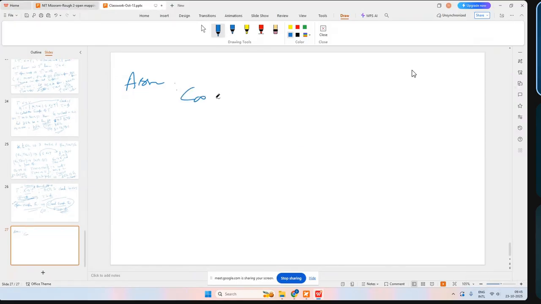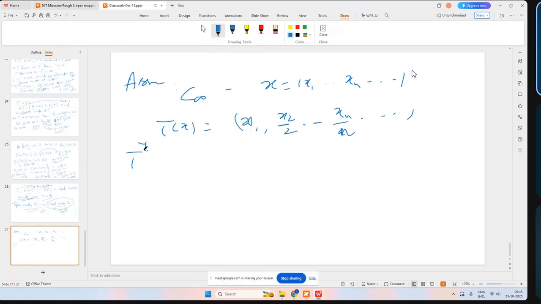You have C00 and you take an element (x1, x2, ..., xn, ...). Then we defined a map Tx equal to (x1, x2/2, ..., xn/n, ...). Then we showed T inverse exists, but is not bounded. This is the example which I sent you there.